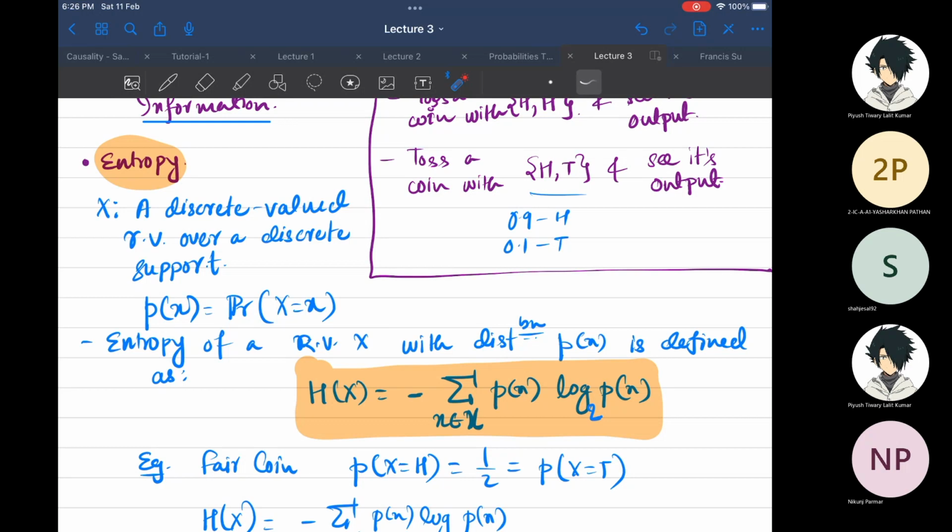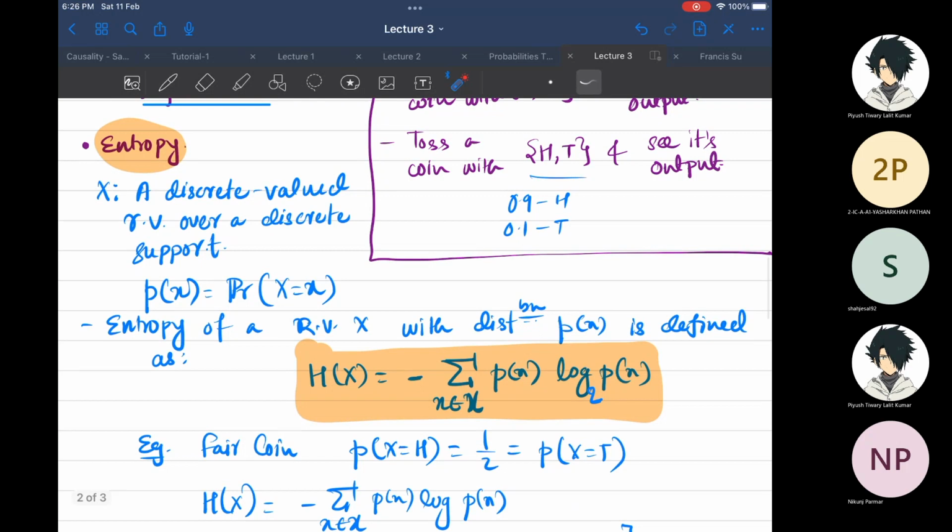Even today, when I think of entropy, the first thing that clicks in my mind is that there is some randomness being quantified. This is not completely true, but nonetheless it gives you a sense of how much randomness there is in the system.